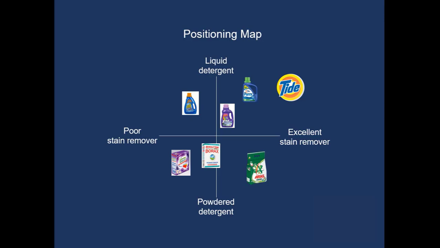Now, technically, your detergent is either going to be a liquid or a powder, so all the products above the halfway mark are going to be liquid, and all the products on the bottom side are going to be powder, so they should all be in the same line.